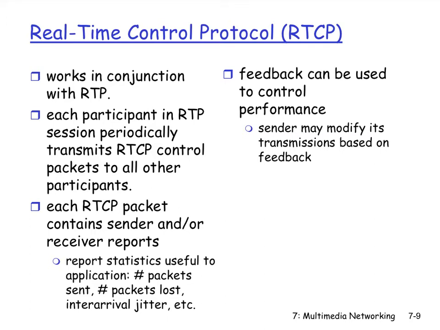So here, the flow control is not as aggressive as in the case of TCP. And it's facilitated through the RTCP reports from the receivers to the sender. And the sender uses the number of packets received and the number of packets lost in order to adjust the rate. And it adjusts the rate by a small factor up or down. But generally speaking, it's consistent. So the sender may then modify its transmission based on this feedback.